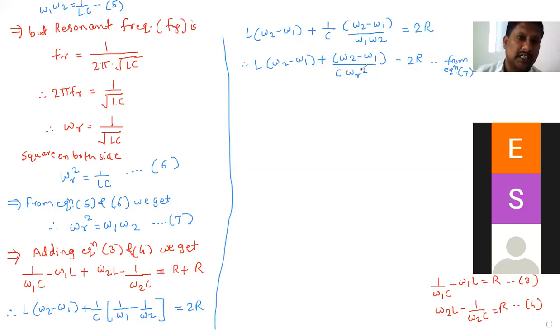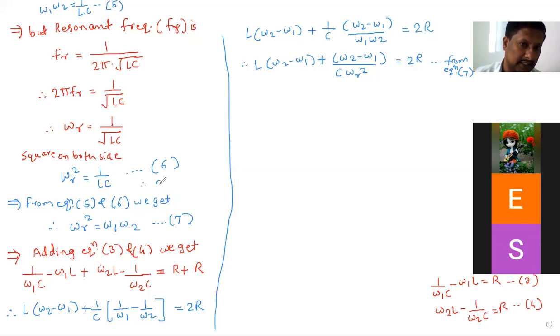Now C into omega R square, where is it present anywhere? If you take C from here, we can write C into omega R square is equal to 1 upon L. From this equation, if you are taking C at the left hand side, C into omega R square is equal to 1 upon L. So this left part as it is, this part as it is, L into omega 2 minus omega 1 plus omega 2 minus omega 1 is as it is.